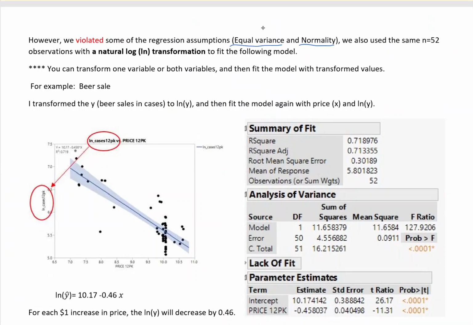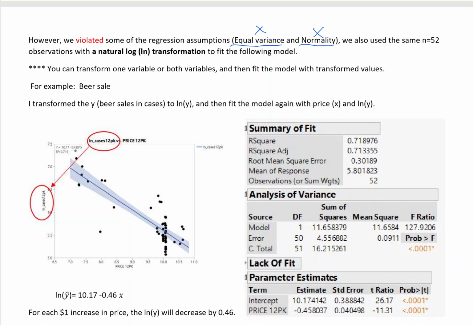So these two were not good for our old regression equation, so we want to try something else.